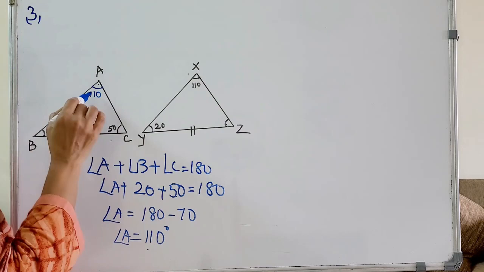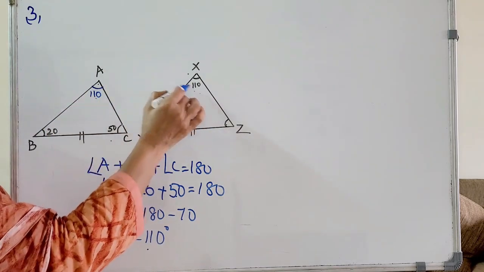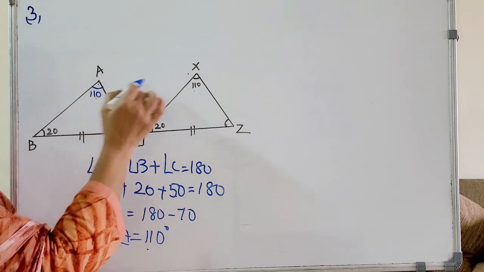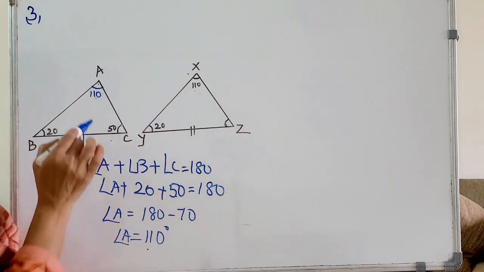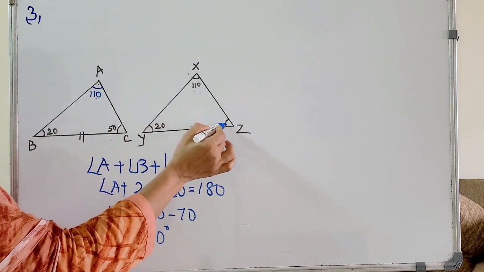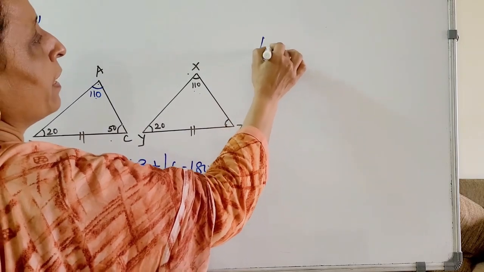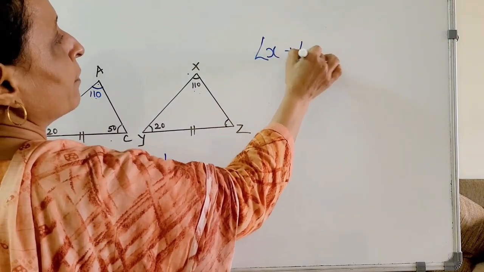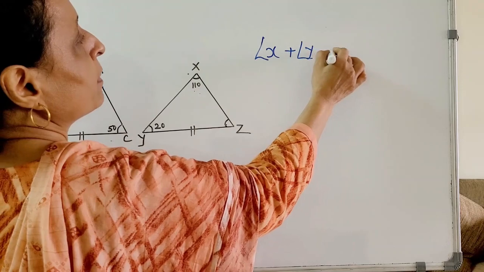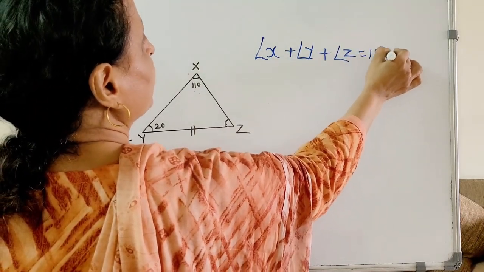So you know these angles are equal. But does it prove that they are congruent? No, because this is not the included angle. So let me find out Z. Same principle applies. Angle X plus angle Y plus angle Z is equal to 180 degree.